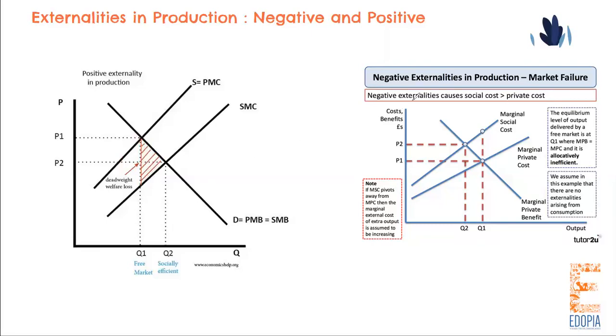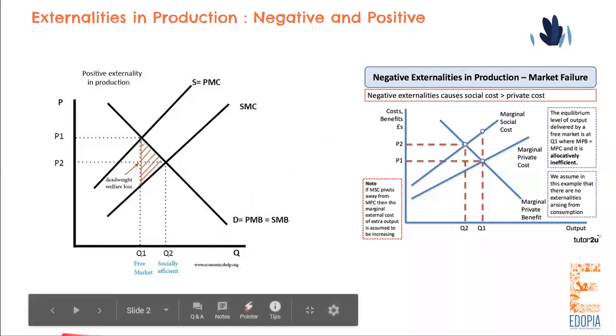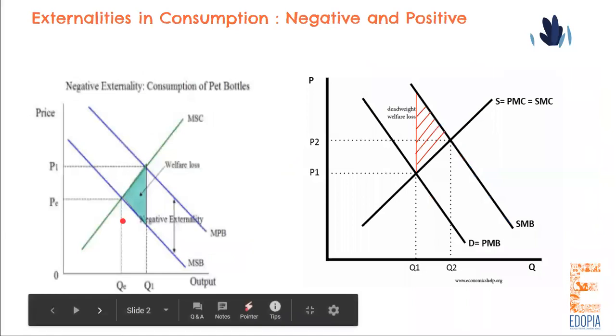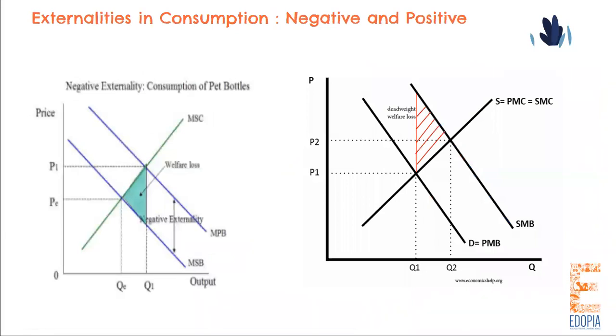Now, as we move further, we see the externalities in consumption, negative and positive. When we see negative externality, consumption of PET bottles, we see that something that is harmful to the third party is being overconsumed. Overconsumed means over-demanded than it should have been demanded.